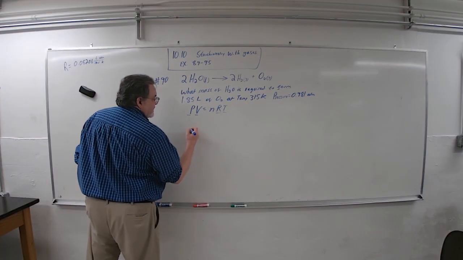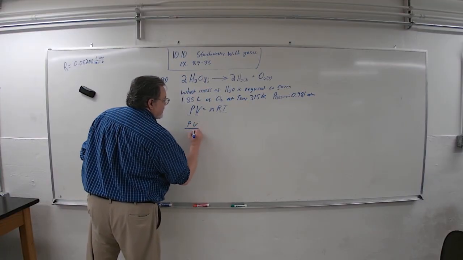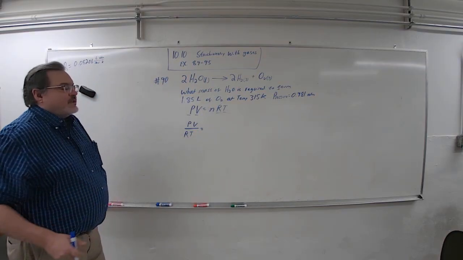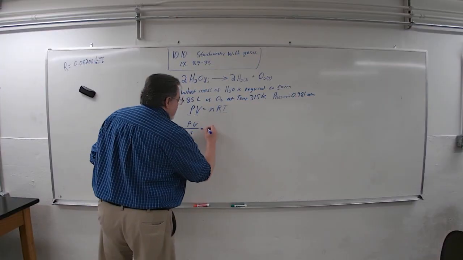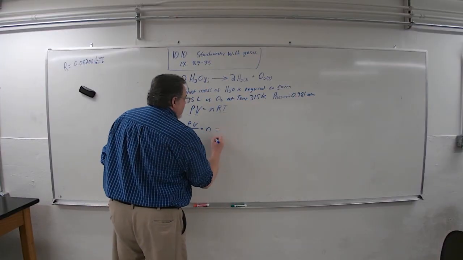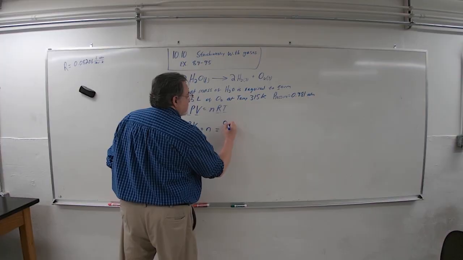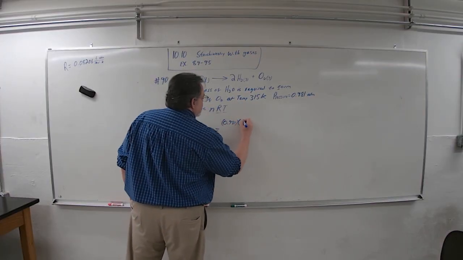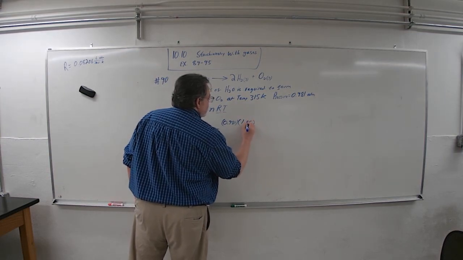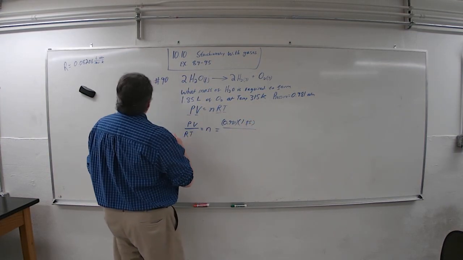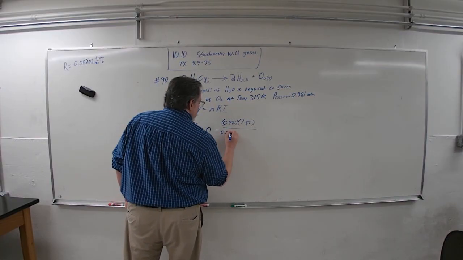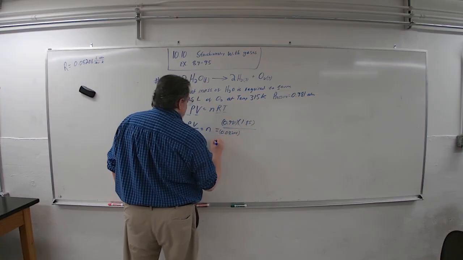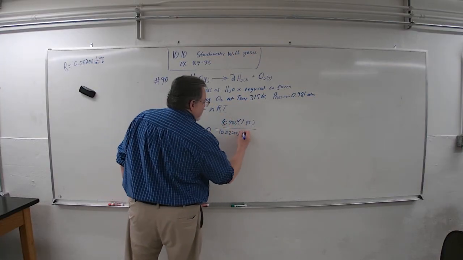Solving for n, it'll be PV over RT. Divide both sides by RT. You can solve for n. Volume is 1.85, R is 0.08206, and temperature is already in Kelvin for us.